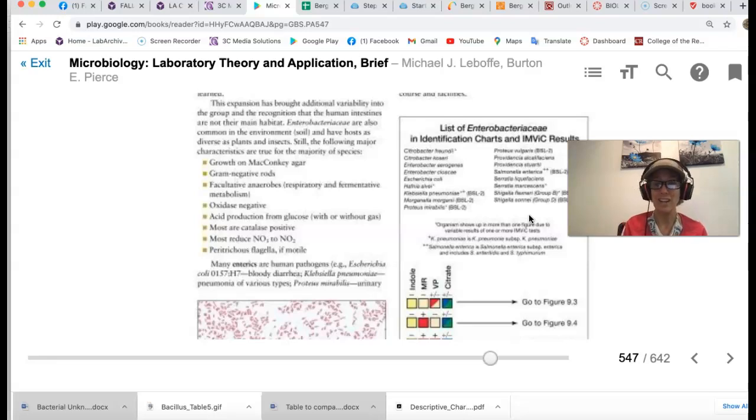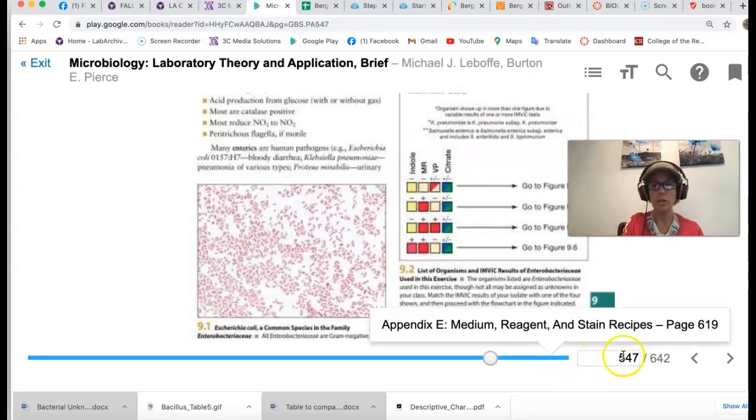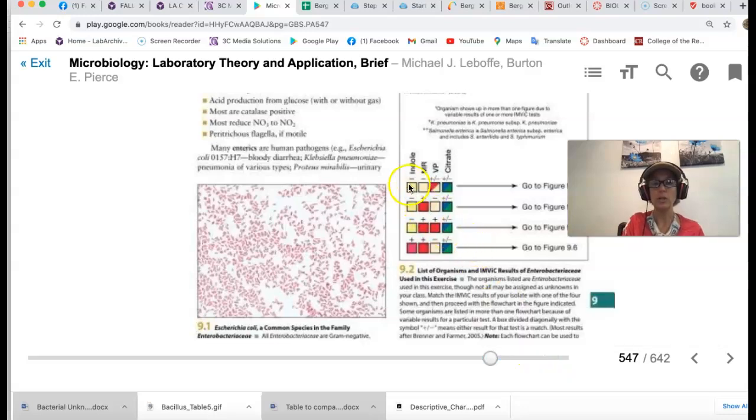I designed that dichotomous key that way, however, because for the gram-negatives, then you come to this table on page 547 that tells you need your indole, methyl red, Voges-Proskauer, and citrate results. We did not do citrate because if you look at this, all of them could either be positive or negative. So no matter what your citrate result was, it would not help you.